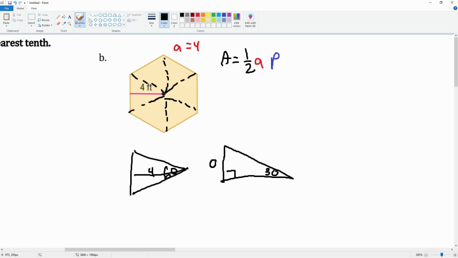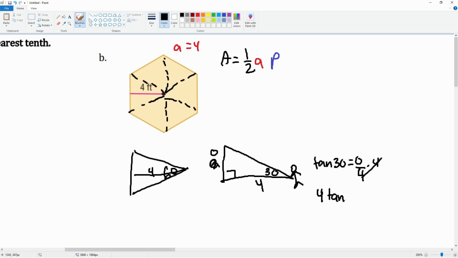If I want to find this, which is the opposite, I can draw my triangle here. And I know that this is 4. So I can use tan. Tan of 30 is equal to opposite over adjacent, which is 4, multiplied by 4.